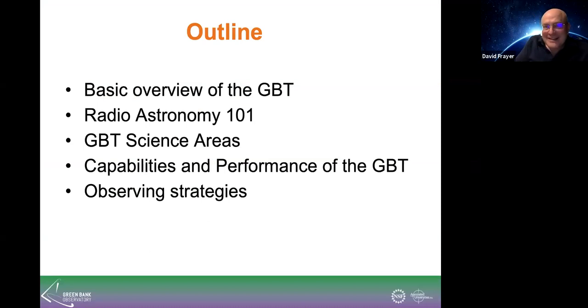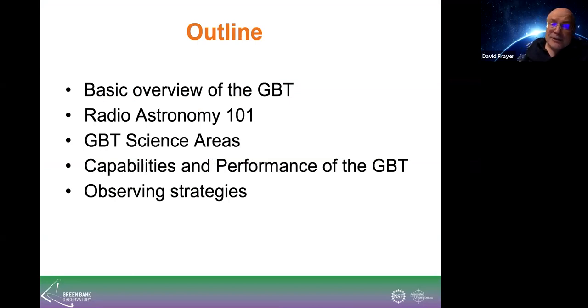Okay, the outline of what I would like to go over. Karen's already given you a little bit of overview of the GBT. I'll do a little bit more. And I'm even going to add a little bit of just radio astronomy, because I realized in previous sessions that different people are coming into these training workshops with different backgrounds. We won't get too in depth there, but just some basics.